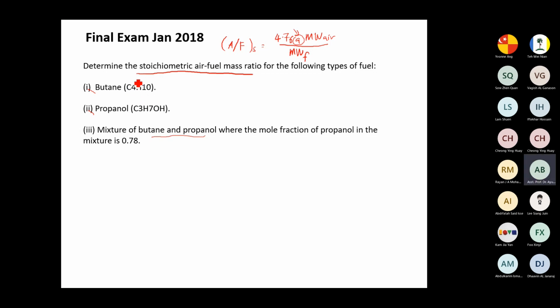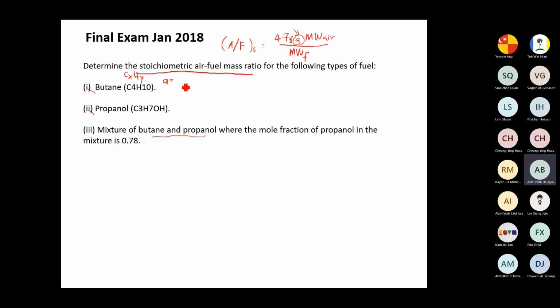This fuel has C and H, CxHy. So how can you calculate the A? Check back the equation for CxHy.